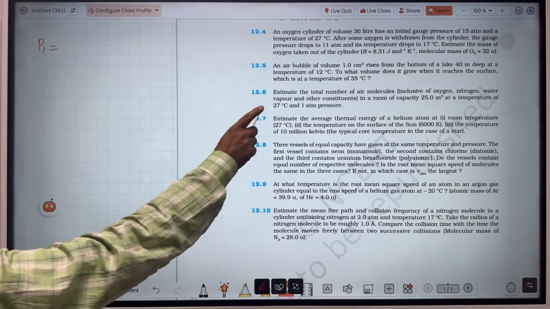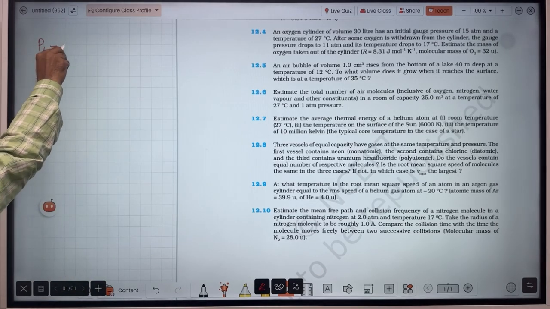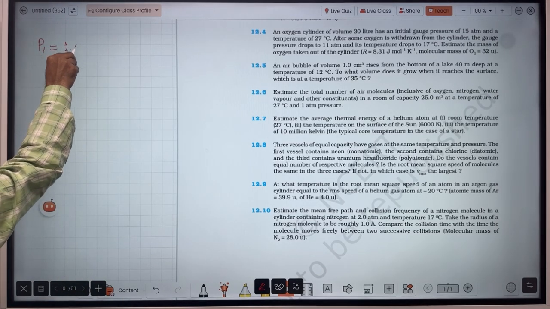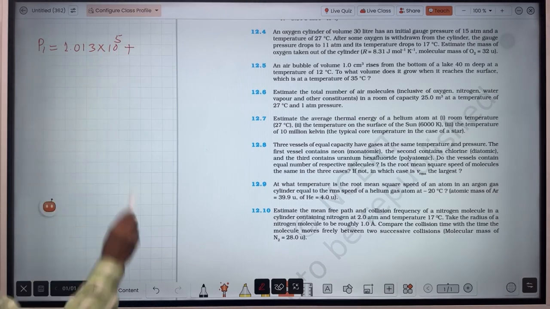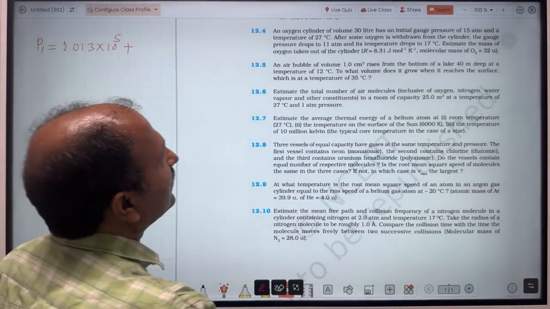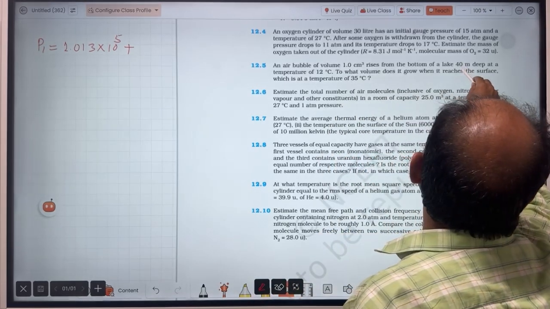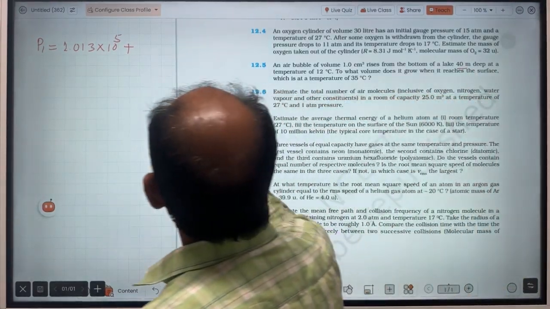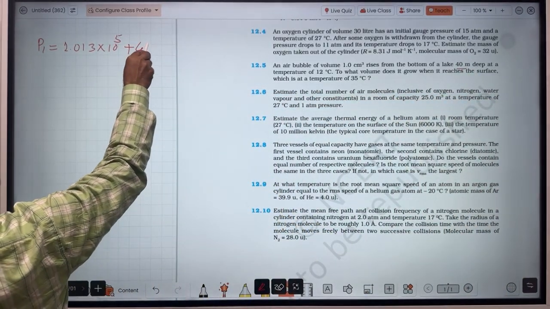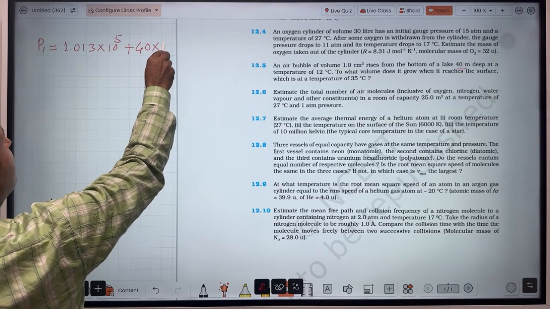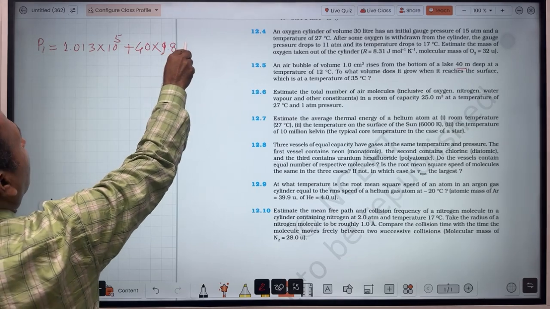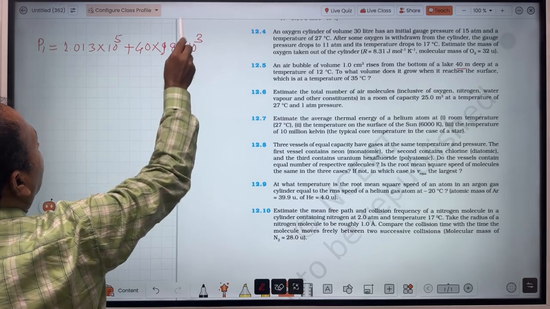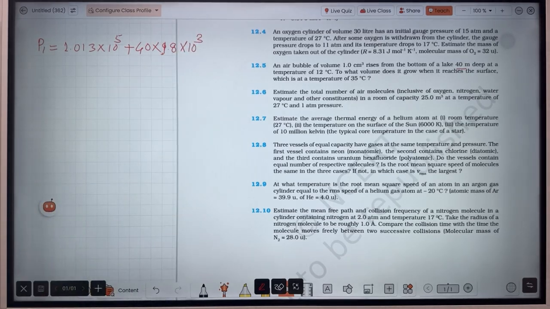P1 is 1 atmosphere, 1 atmosphere means 1.013 into 10 to the power 5 plus pressure due to liquid column. So here 40 meter deep. So rho g h, 40 into g, say 9.8, and the density of water you can take 10 power 3, right? So this is P1.